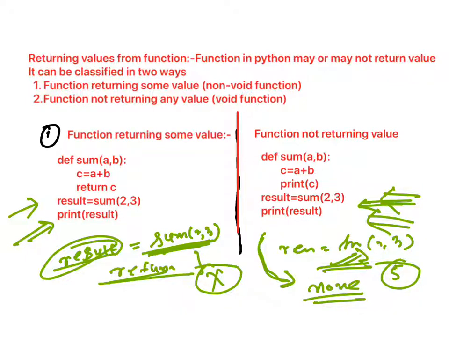Suppose in this example I have used return; then result equal to sum 2 comma 3 is needed. In the other example, if I simply write sum 2 comma 3, that will be enough. But in this example you cannot just write sum 2 comma 3; here you must use result equal to sum 2 comma 3.